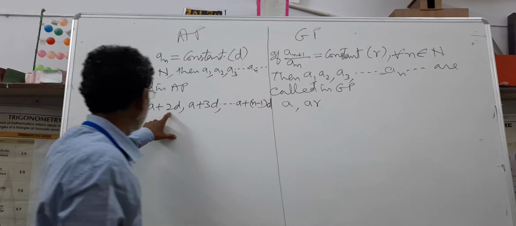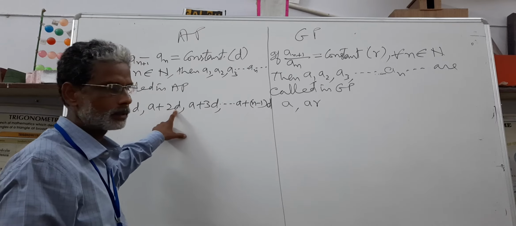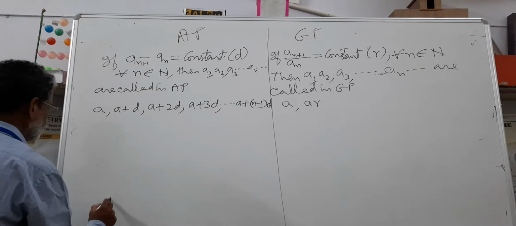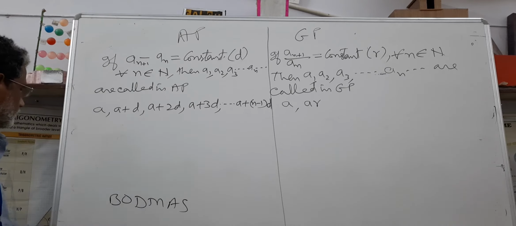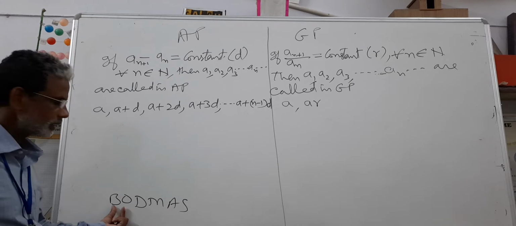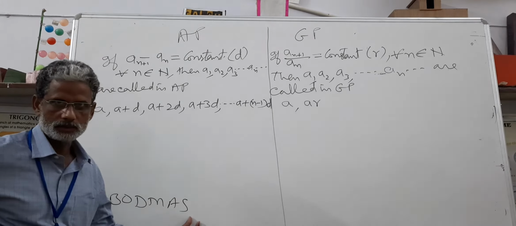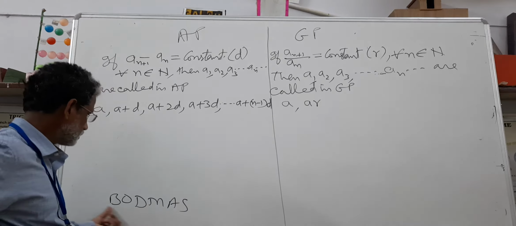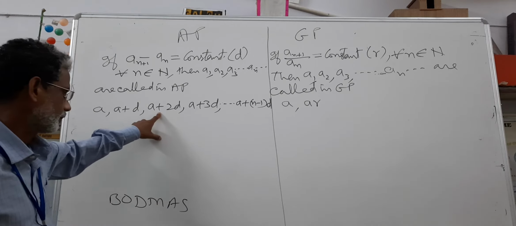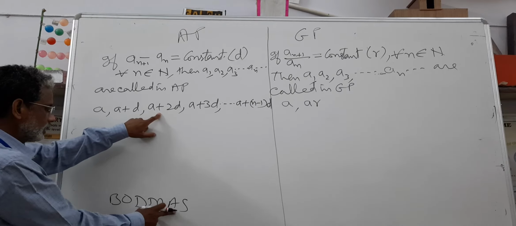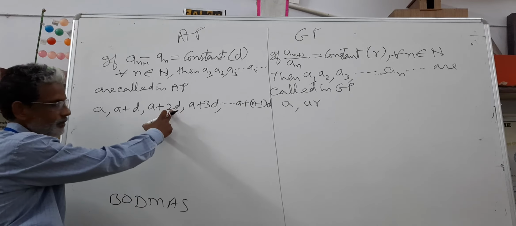Here there are two operators, plus and product, in a plus 2 into d. So according to the BODMAS rule, you solve bracket, division, multiplication, addition, then subtraction. Among multiplication and addition, multiplication occurs first, so this will be solved first.